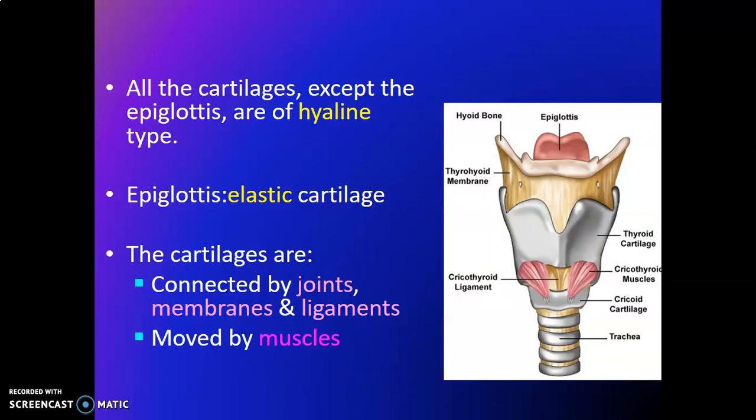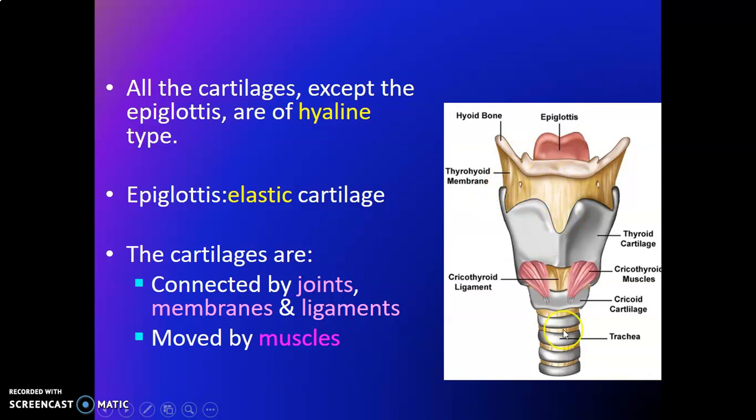So all cartilages of the larynx, except the epiglottis, are made up of hyaline cartilage. The epiglottis is mainly elastic cartilage. The cartilages are connected by joints, membranes, and ligaments. The hyoid and thyroid are connected by the thyrohyoid membrane.